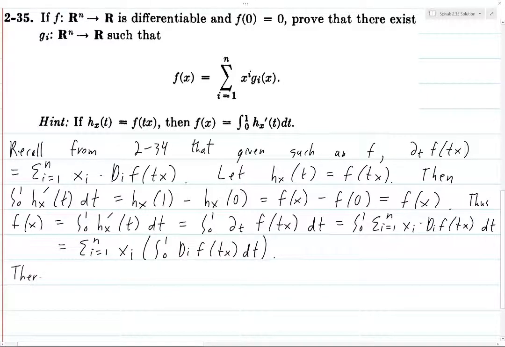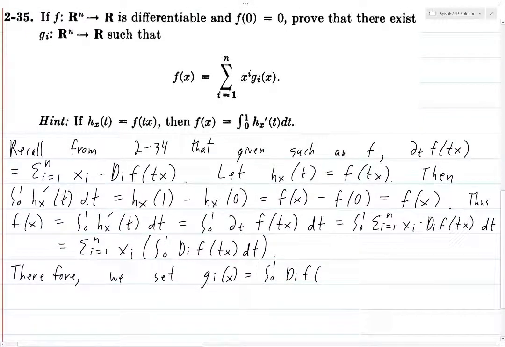Therefore, we just set gi of x equal to the integral from 0 to 1 of di f of tx dt.